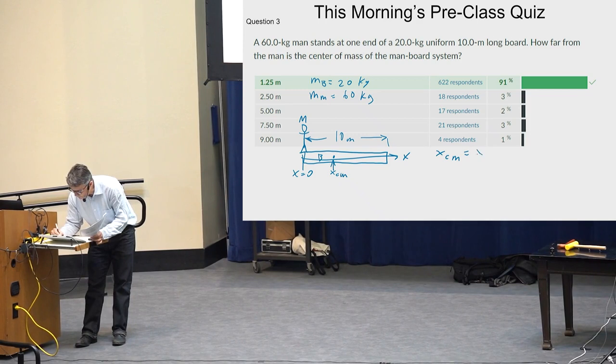So you know the drill: x_m times m_m plus x_b times m_b, divided by m_m plus m_b. So it's equal to 0 times 60 plus, what's x_b?